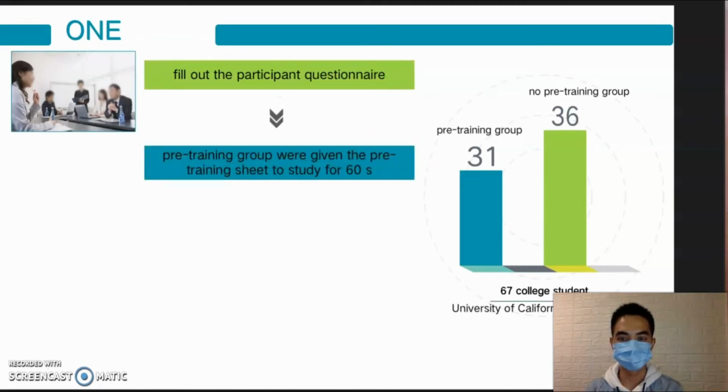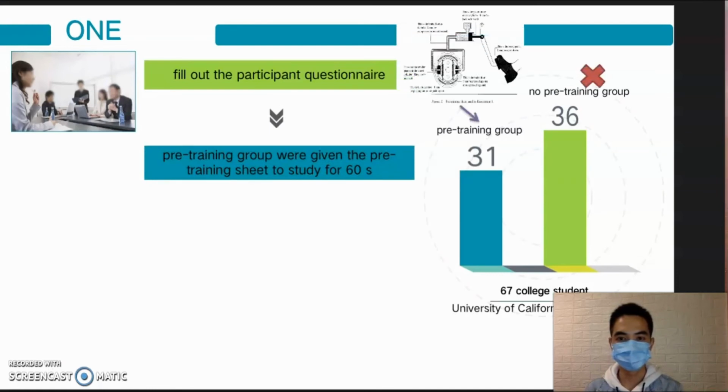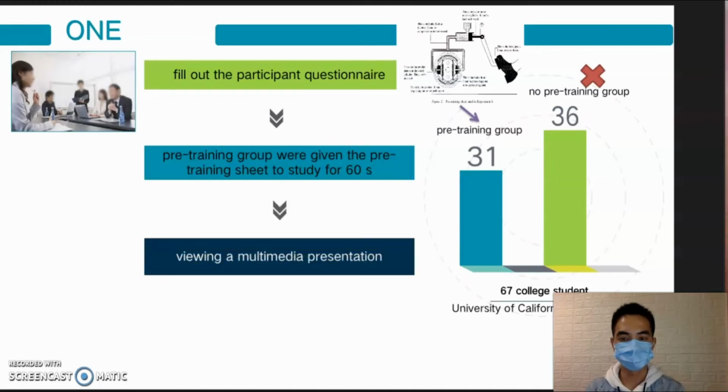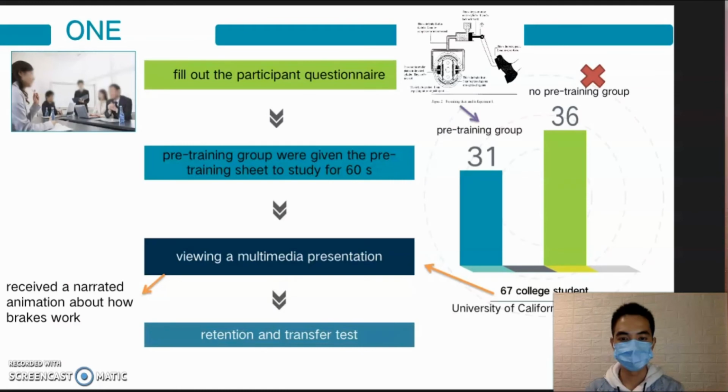In the following step, the pre-training group was given the pre-training sheet to study for 16 seconds, whereas participants in the no pre-training group skipped these activities. Then, participants put on headphones and pressed a key to start the multimedia presentation. Finally, upon completion, they received the retention test and were instructed to please keep working until you are told to stop.